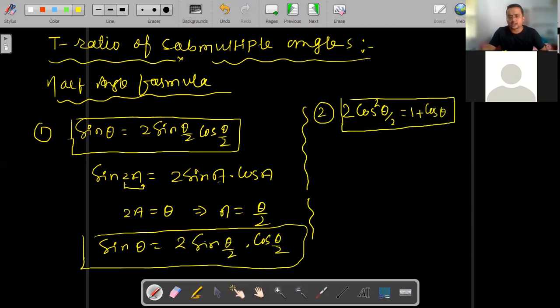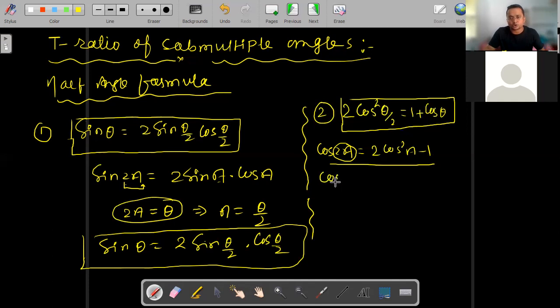As you know, cos 2A is 2 cos square A minus 1, which we have already discussed. So simply 2A you replace by theta, so you put cos theta, and A is equal to theta by 2: 2 cos square theta by 2 minus 1.